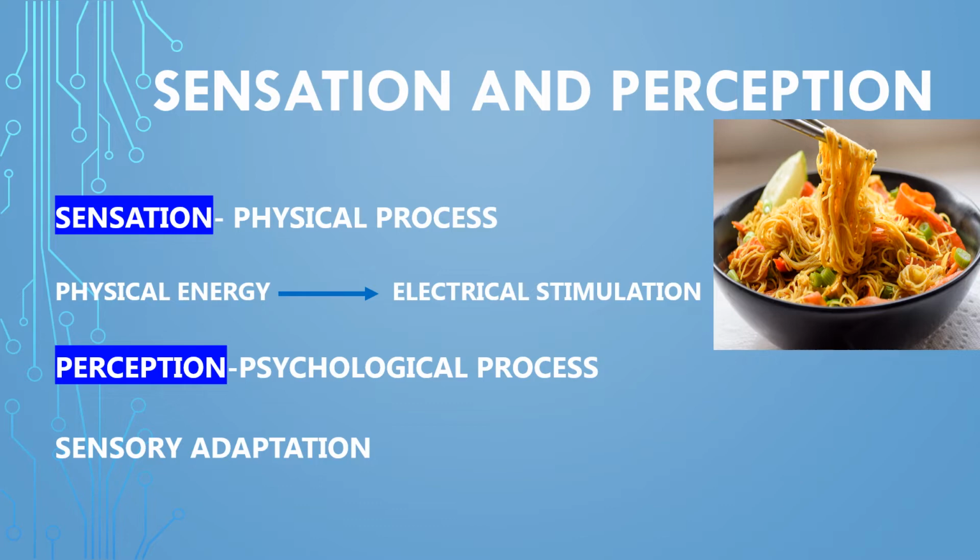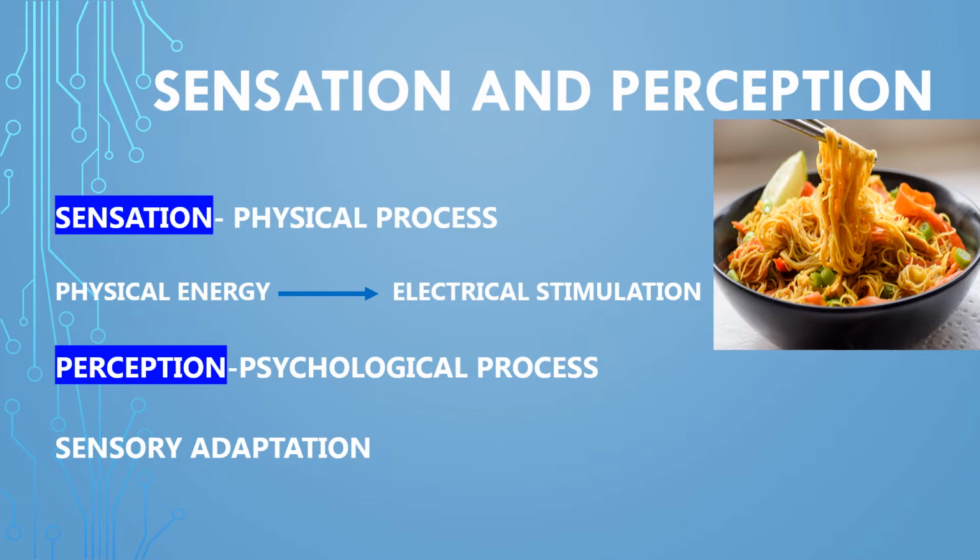During sensation, our sense organs engage in transduction. Transduction is the conversion of one form of energy into another. That is, physical energy such as light or a sound wave is converted into a form of energy the brain can understand.